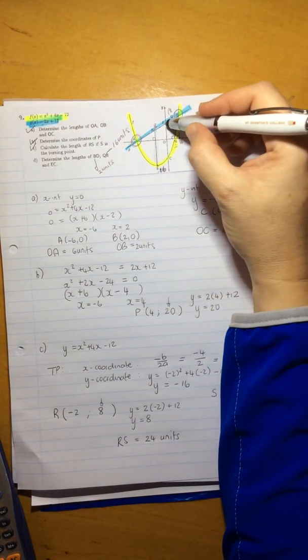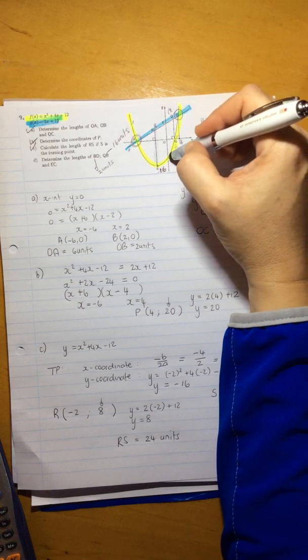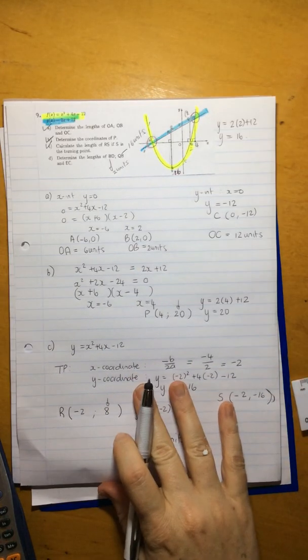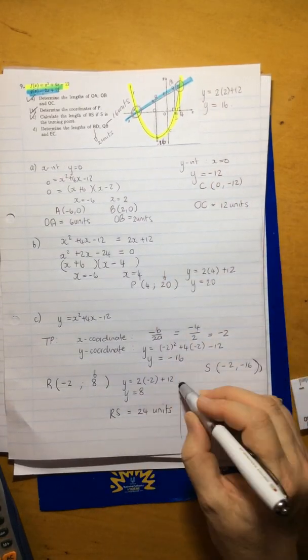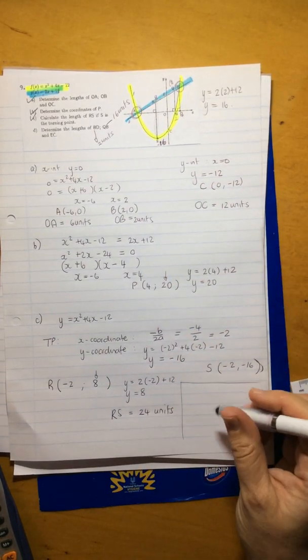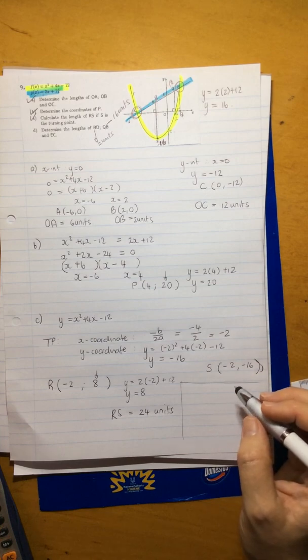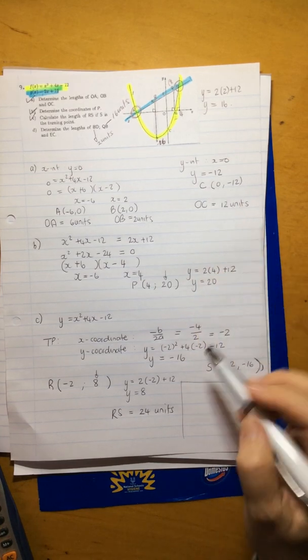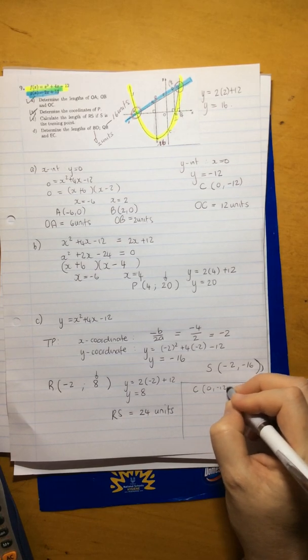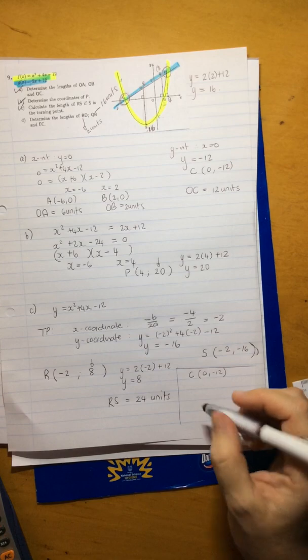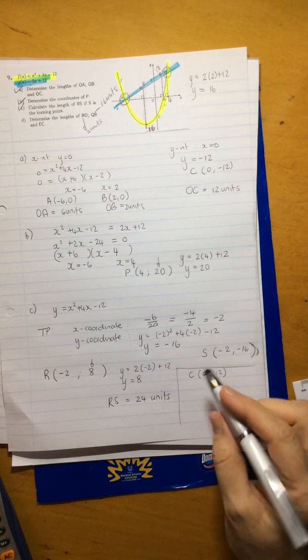And EC, it's the y-intercepts. So if I work out, I'm going to try and squeeze it in here at the bottom. So I know that C is at 0 and minus 12. I can get E if I haven't worked out.